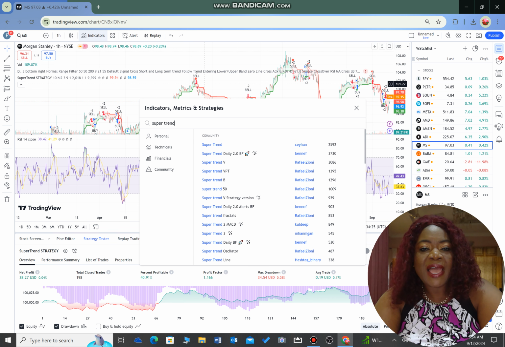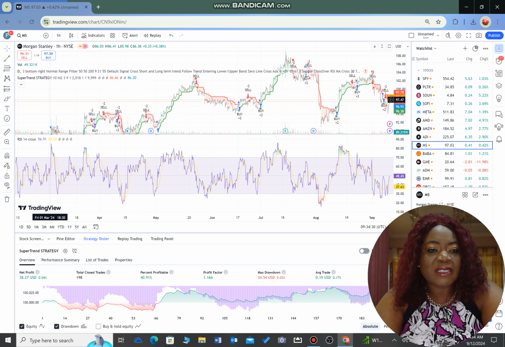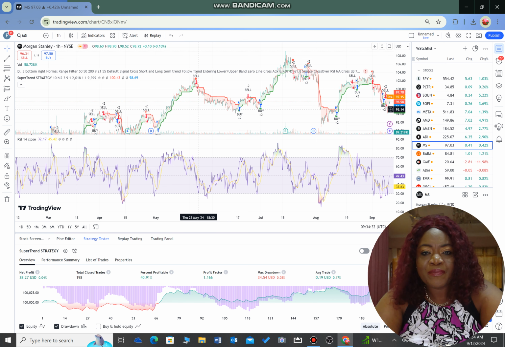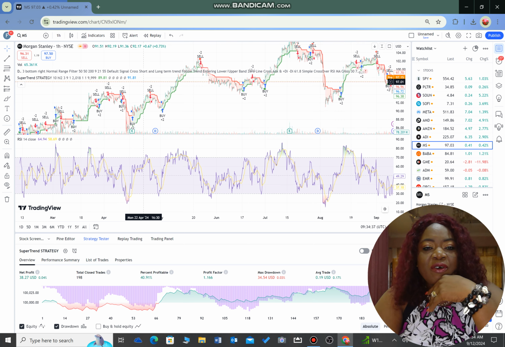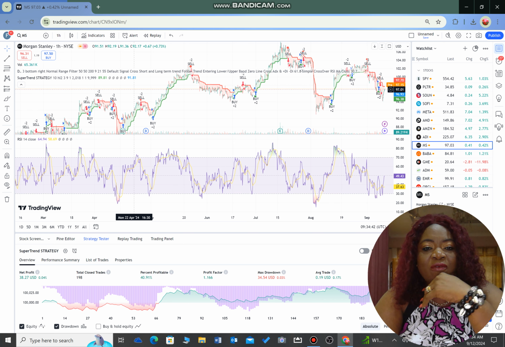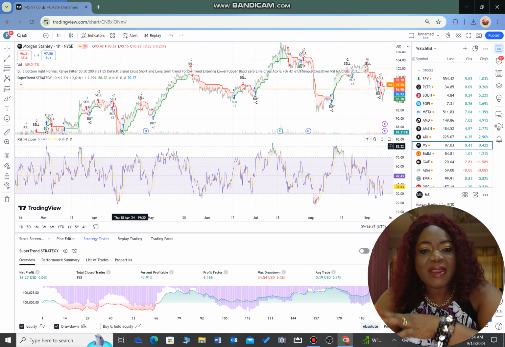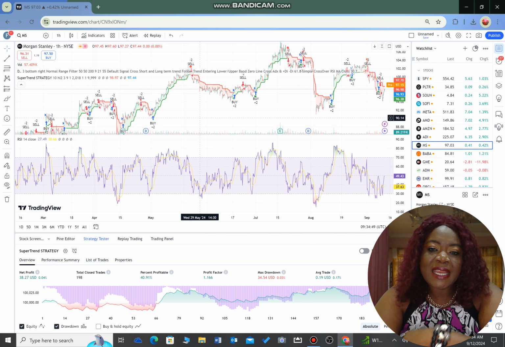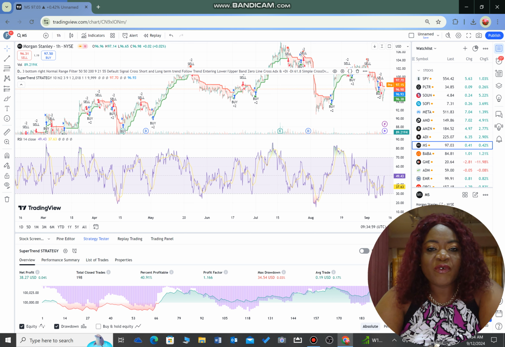You apply it on your chart and it should be registered. This strategy will show you the trend of an asset. It gives you an overall idea of whether we are in an uptrend or a downtrend, and it can help you make your decisions as to whether you want to enter for a buy or a sell.